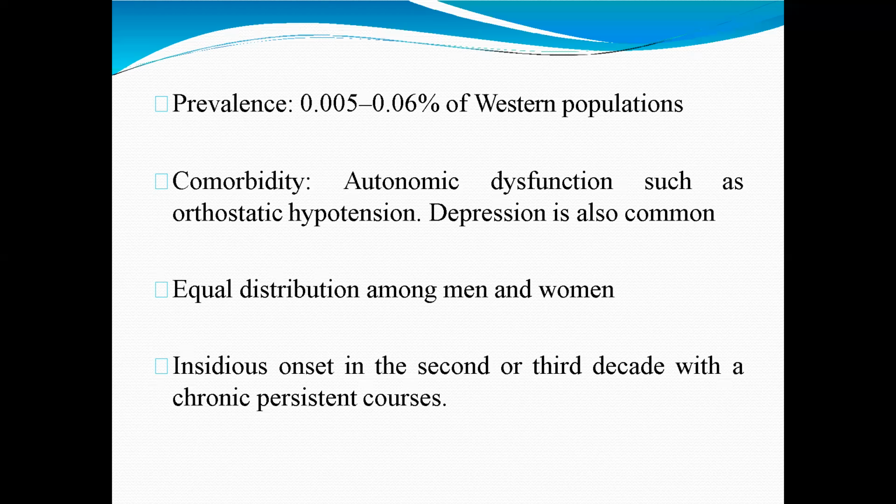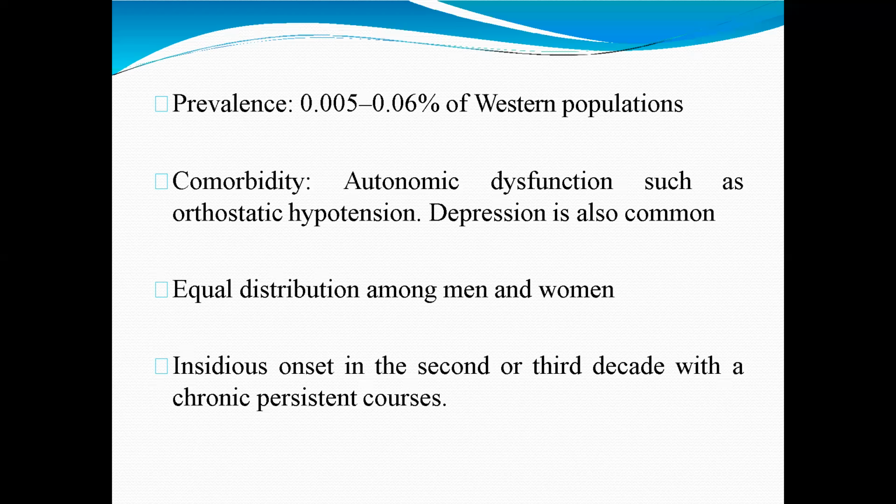With orthostatic hypotension, on a change in position when standing up, the BP will be low, so you feel like you do not want to stand. That's another comorbidity that can cause this kind of hypersomnolence. And depression is also sometimes common. It's equally seen in both men and women, and the onset is in the second and third decade, with chronic persistent courses being more common.